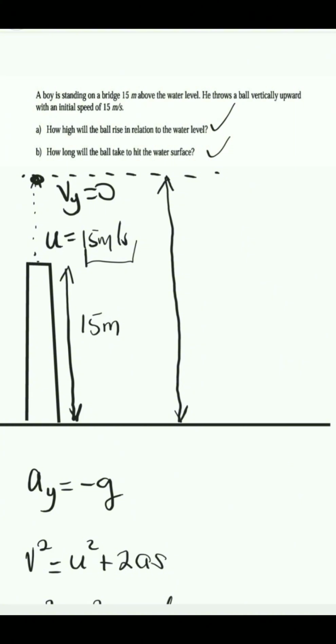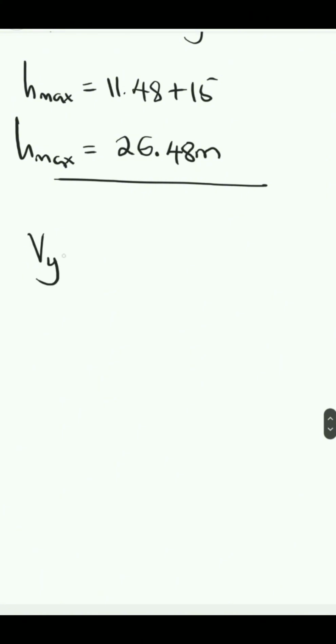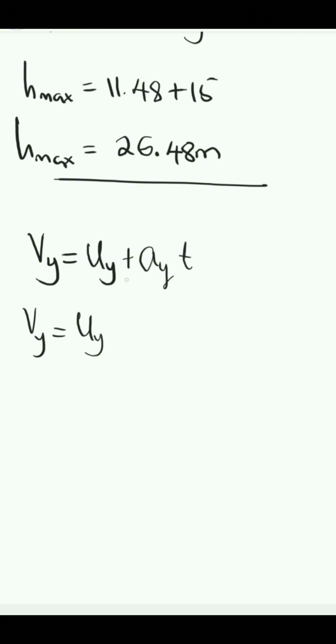Okay, now we need to calculate how long the ball will take to hit the water surface from the point of projection. Now, following this trajectory, the total time taken is simply known as the time of flight. And one thing that you need to note is that the time of flight is always twice the time taken to reach the furthest point. And at the furthest point, v is equal to 0. So we use v equals Uy plus Ay t. Now our Ay is negative g.